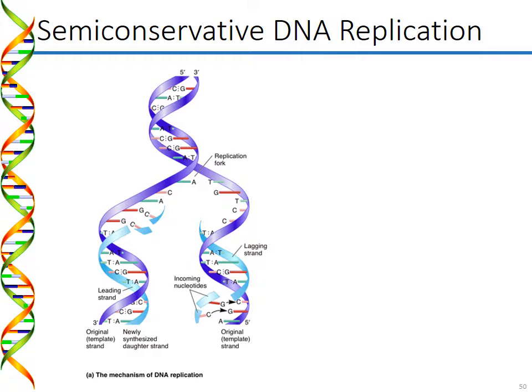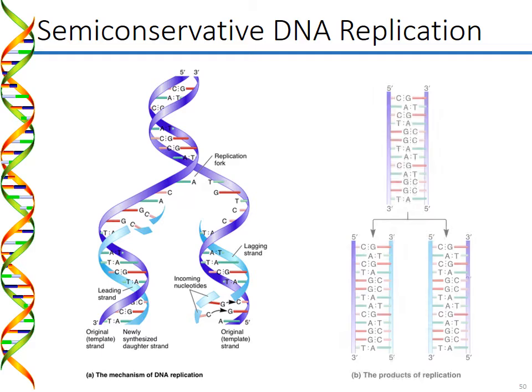They are synthesized by the complementarity of the base pairs, but what we end up with at the end is two different DNA molecules, one that had the actual strand that was in the original molecule bound to a newly synthesized strand, and the second DNA molecule that's produced has the same makeup, one of the original strands and one newly synthesized strand.